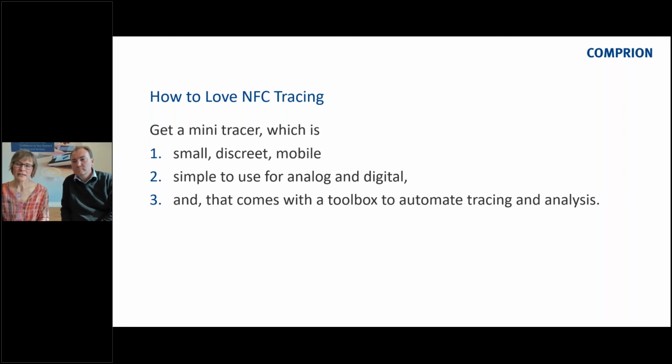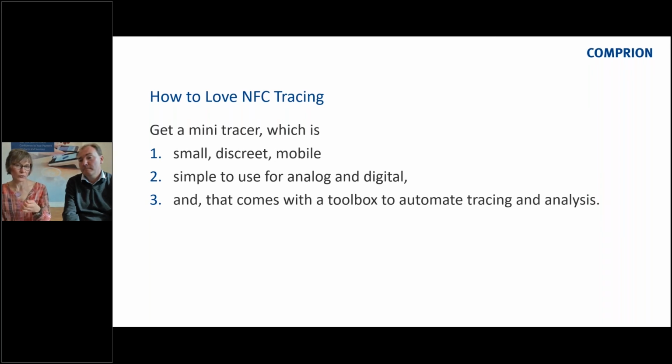And then secondly, which is simple to use for both analog and digital. If you have a tracer which has a configuration and parameter setting covering a big range of communication properties, this is very helpful. You don't need to be the expert to take traces.